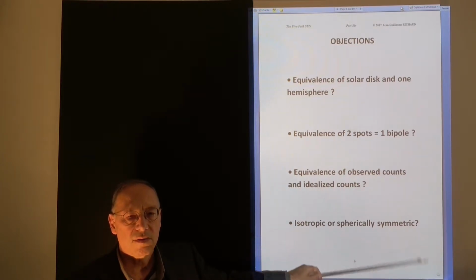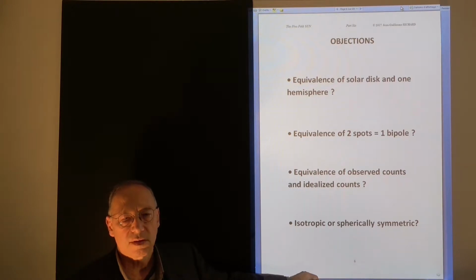Now, is it correct to assume the equivalence 2 spots equals 1 bipole in any sunspot group?